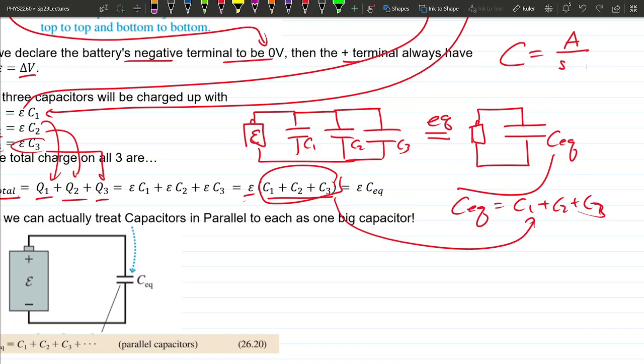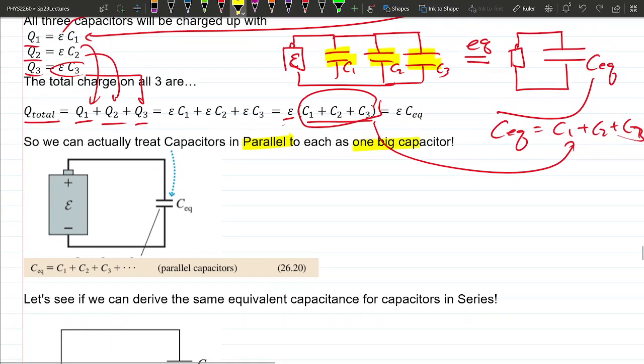So you are kind of thinking about this the right way. If you have these parallel capacitors, just imagine that the areas add up, and you get a bigger capacitor. So when you have capacitors in parallel to each other, it just makes a bigger capacitor.